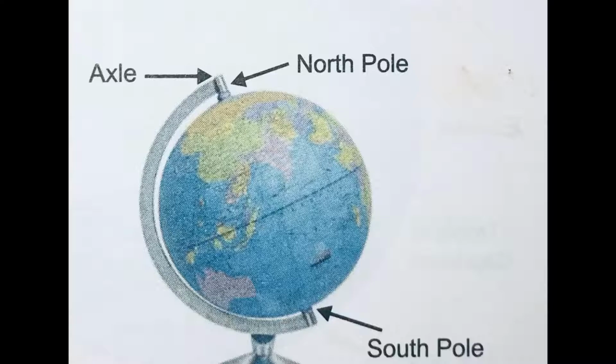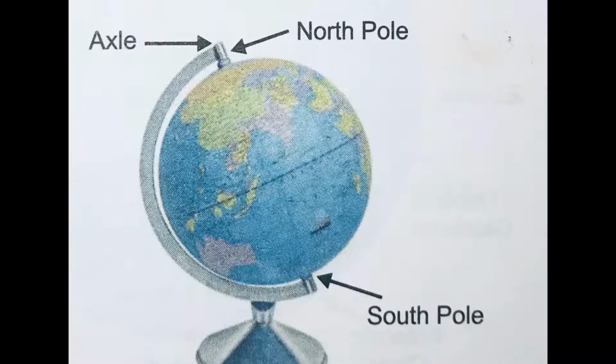It is fixed through the globe in a tilt manner, not 90 degrees, nearby 30 degrees, and the globe moves around it. This one is called the axle. This axle represents the imaginary line on which the Earth rotates.